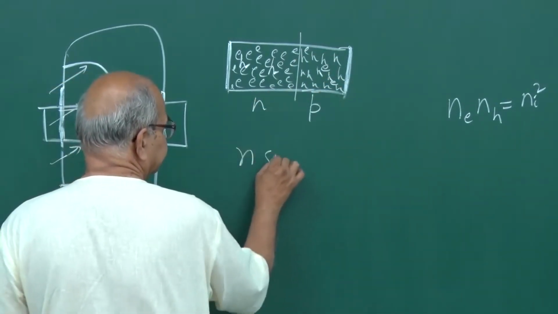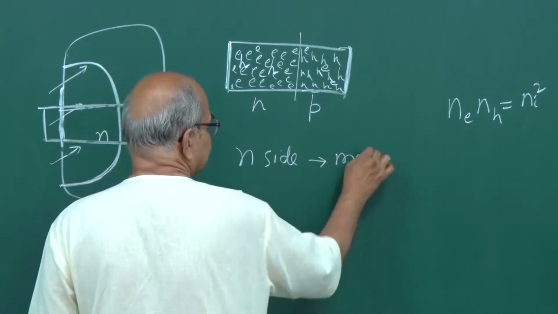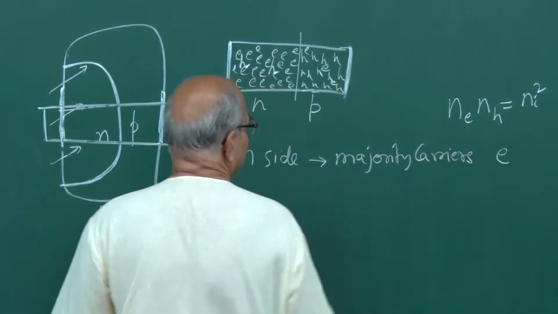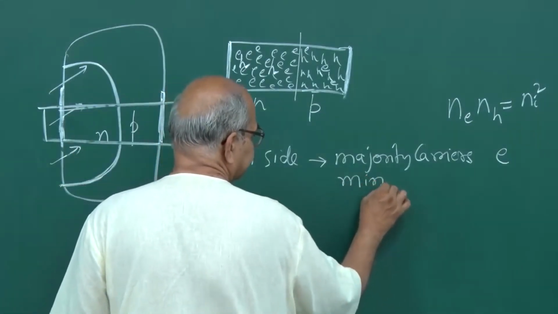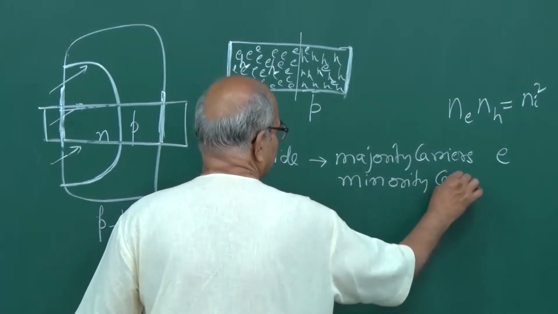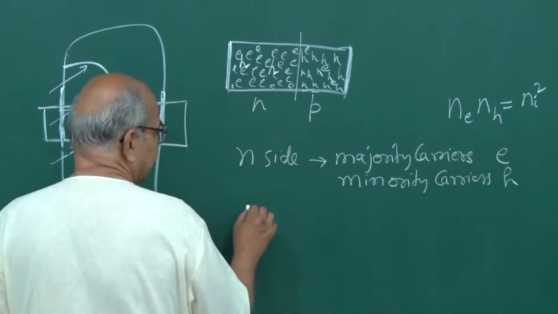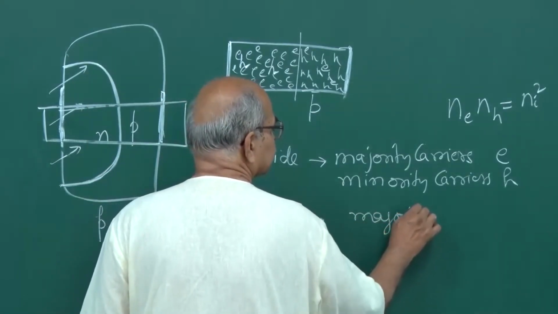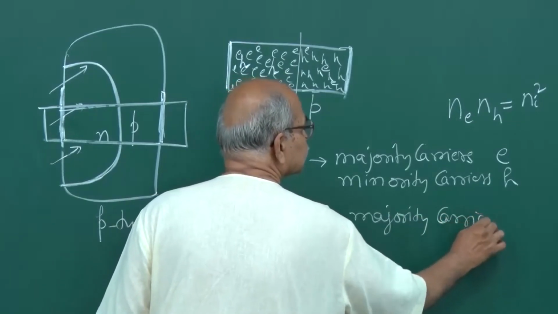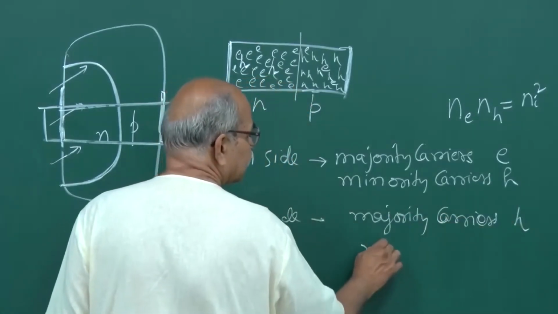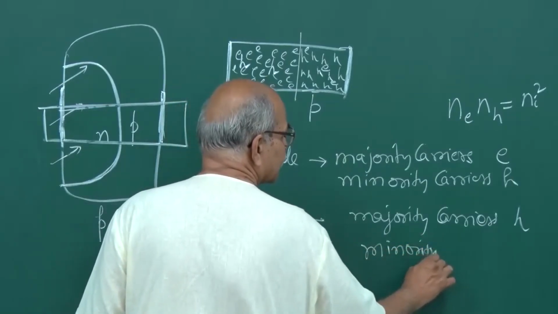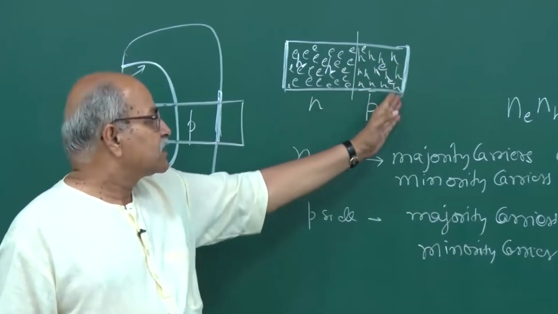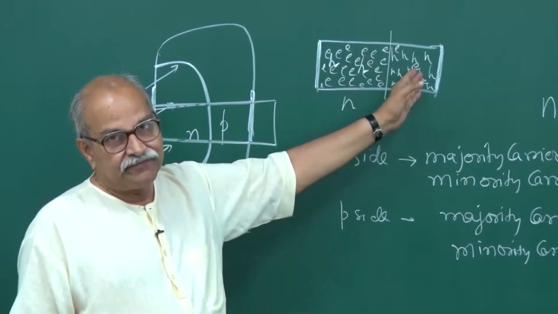So on the N side, you have majority carriers, that is electrons, and minority carriers, that is holes. On the P side, you will have majority carriers, that will be holes, and minority carriers, that will be electrons.